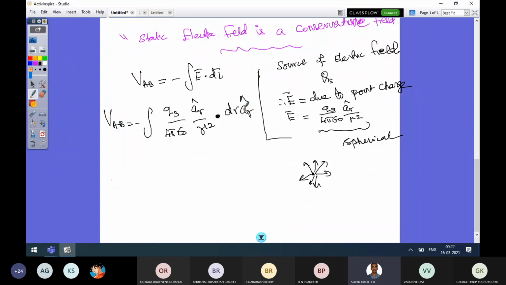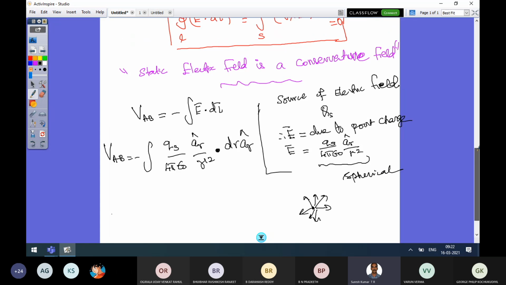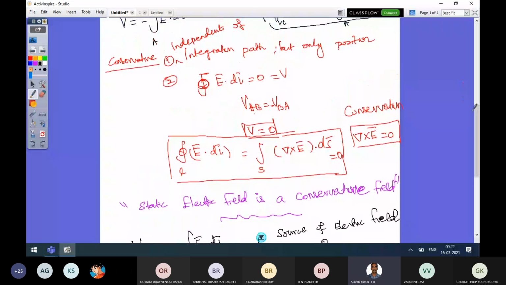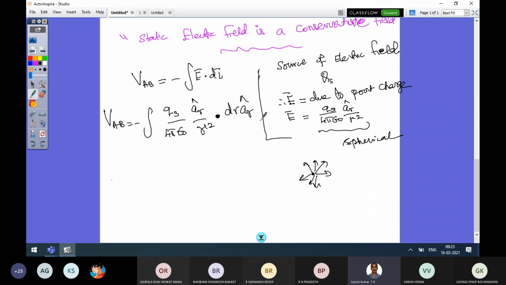So this is again an important point. It is independent of the path taken, I told you earlier, right? Now let us try to understand it in terms of this equation. You can see it is independent of theta and phi, correct? Because the electric field from the source is going radially. So you need to bother only about the radial direction, or the starting point and ending point.